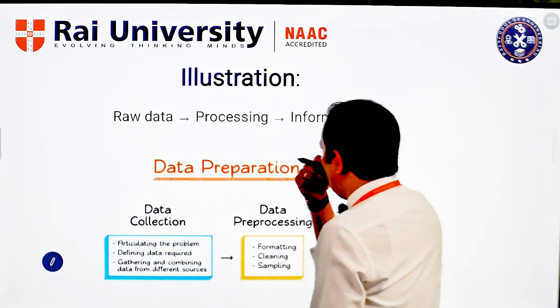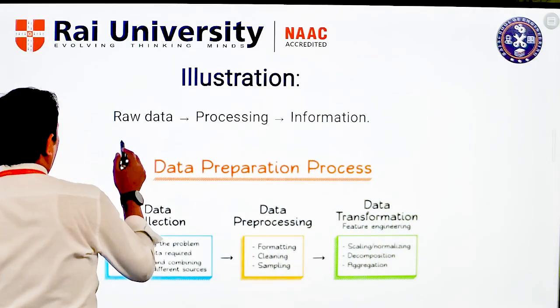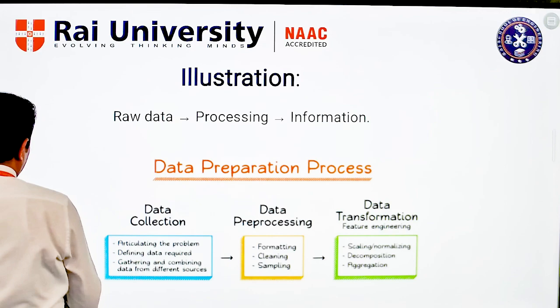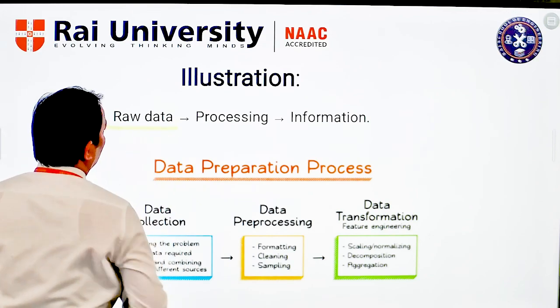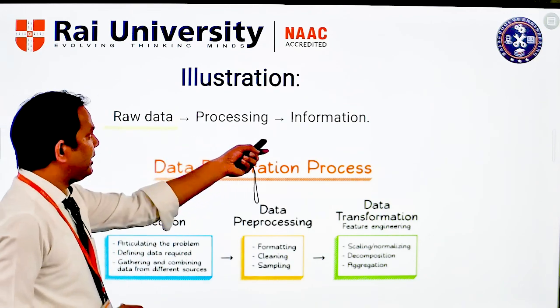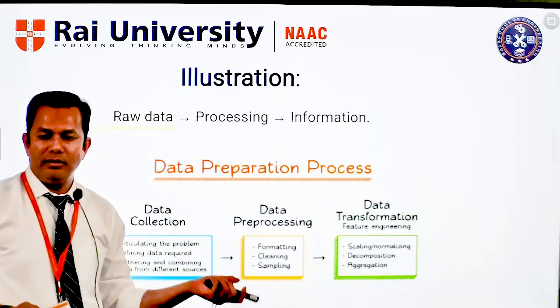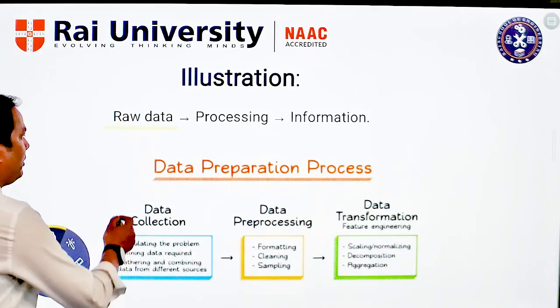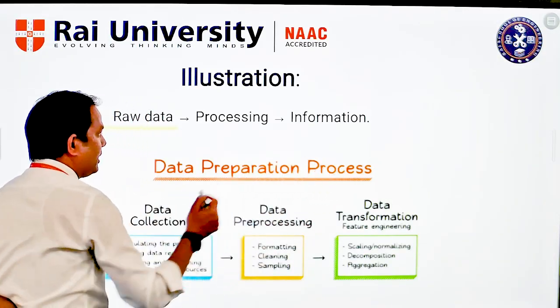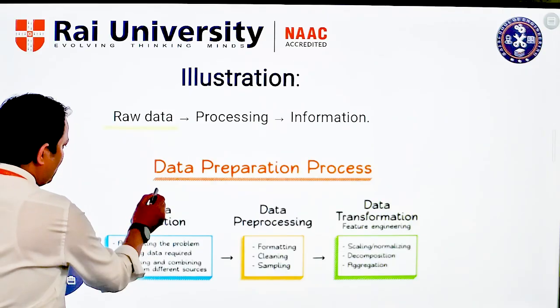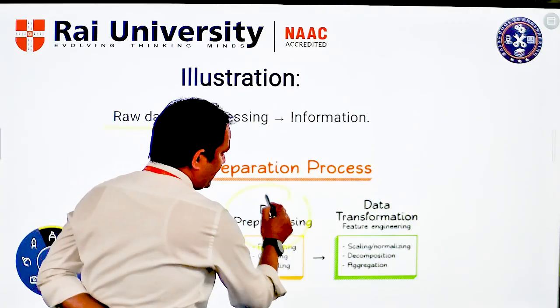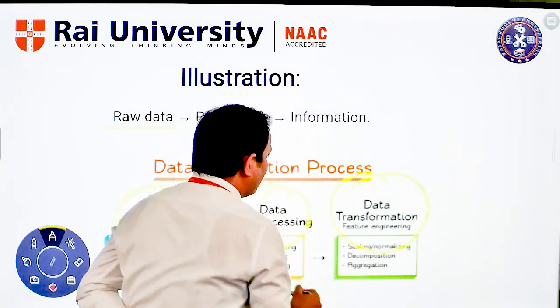Now, let's go into more detail. First of all, as I mentioned here, you can see it is the raw data. Raw data is processed and then information is generated, as I explained earlier. Now you can say the data processing preparation steps are there. First of all, data collection, then data processing, and then data transformation.